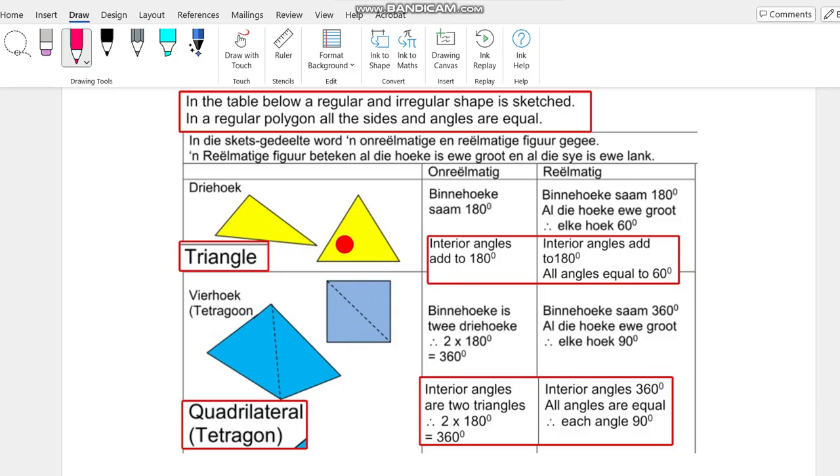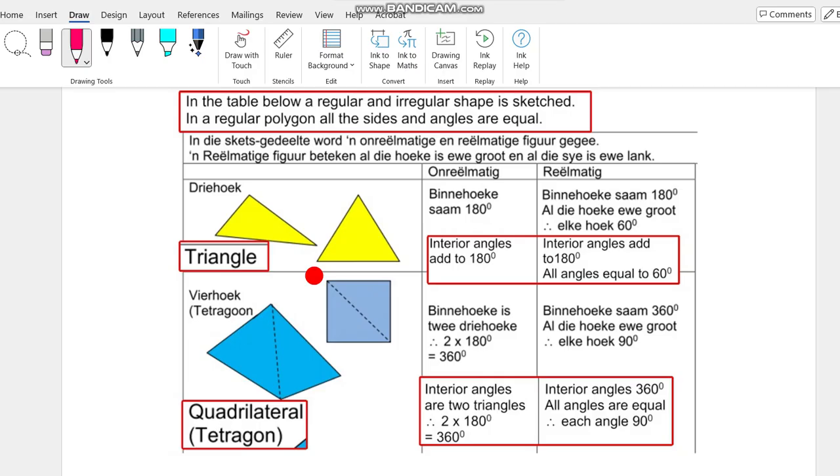So if you look at these two triangle shapes, die driehoeke, you need to understand that you're going to start working with forms where you need to tell me what the co-interior angle is, wat is die ko-binnehoek as jy die hoeke bymekaar sit. But it's not going to give you the corners to add together, there's something else you're going to have to do.